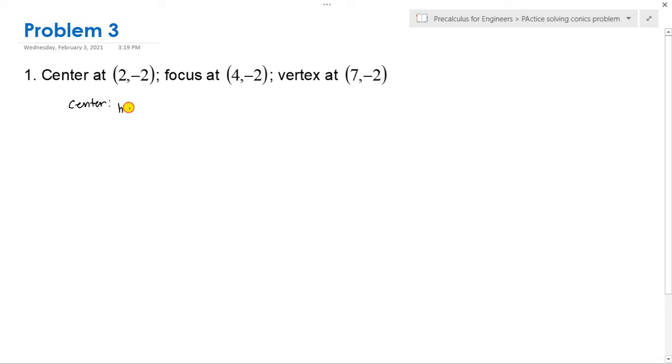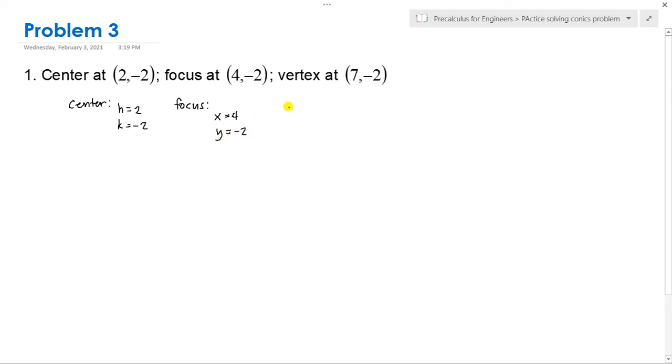From the given, we have h is equal to 2, k is equal to -2. We also have the focus. The focus is at x equals 4 and y equals -2.